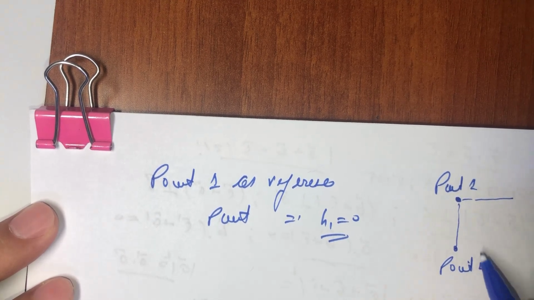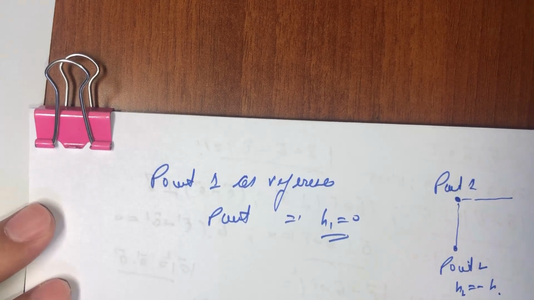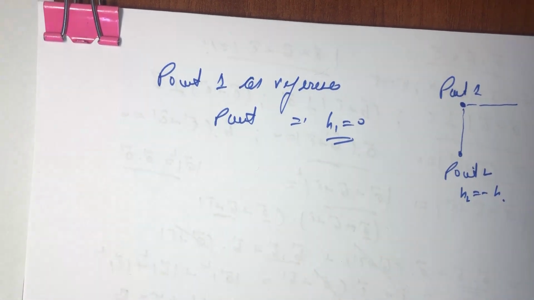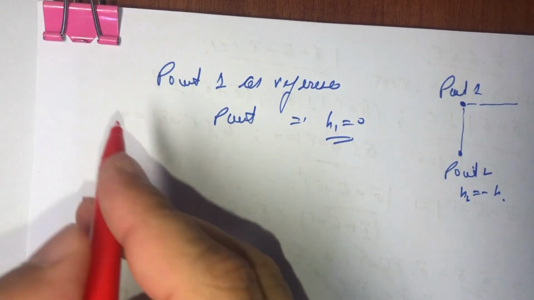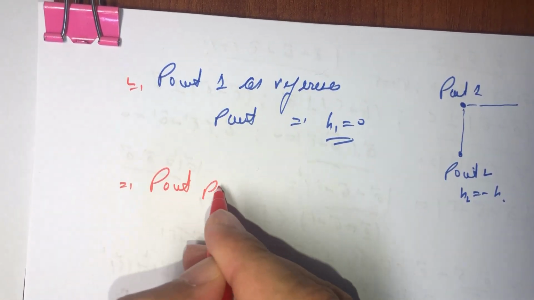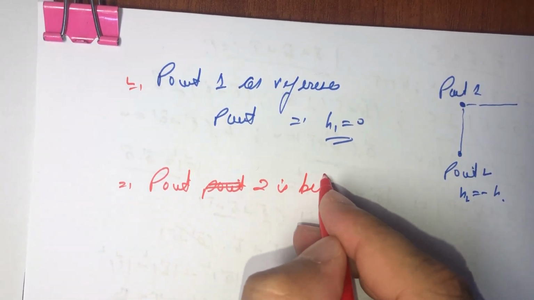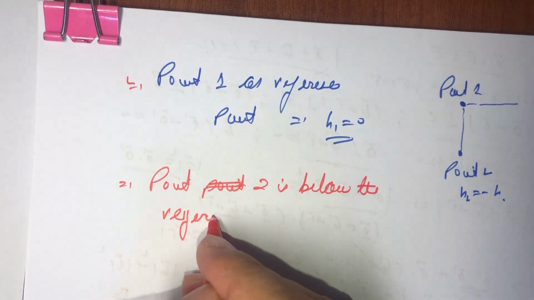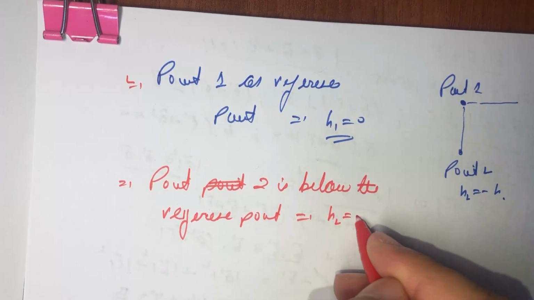So point 2 is below the reference point, therefore we can say our H2 is equal to minus H.